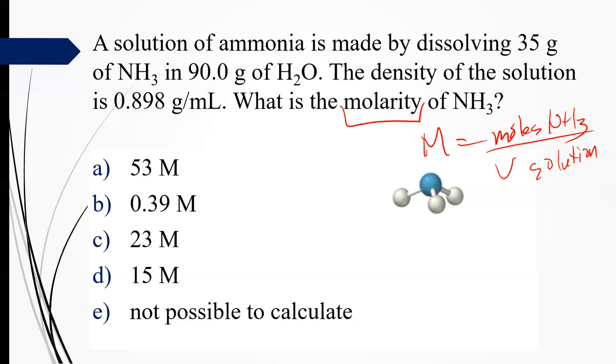The first one that we're going to look at is moles of NH3. That's pretty straightforward. We have 35 grams of NH3. If we want to get grams to moles, then we need to use our molar mass.